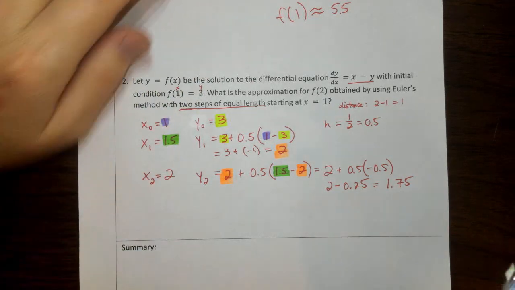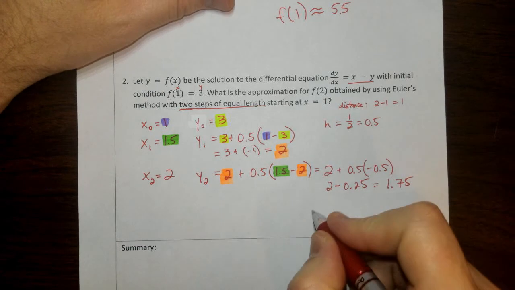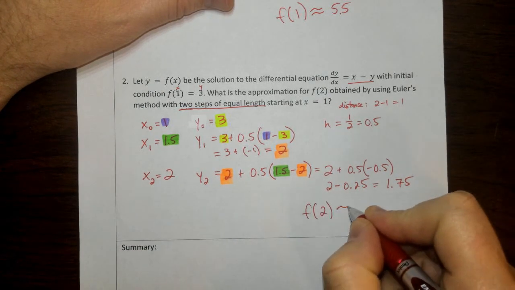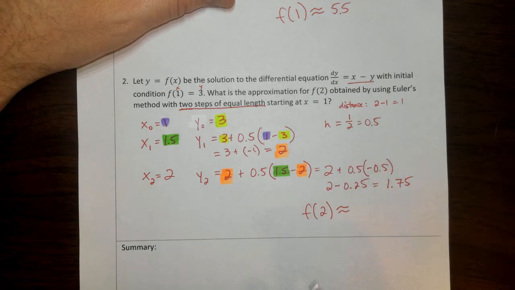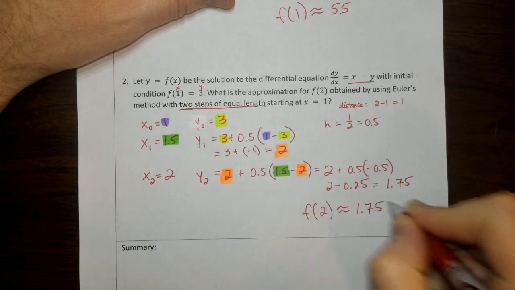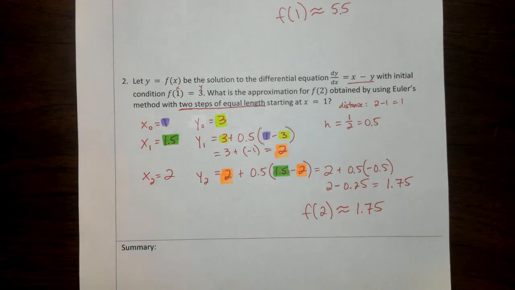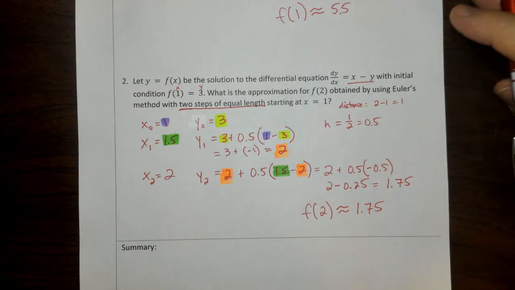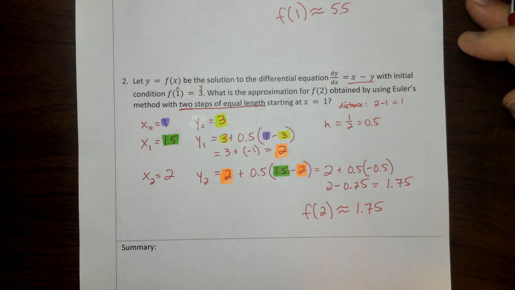And so our answer, again, f of 2 is what we were looking for. So f of 2 can be approximated as this value that we got with 2 steps of equal length in this particular case. So we can write our result as f of 2 is approximately 1.75.